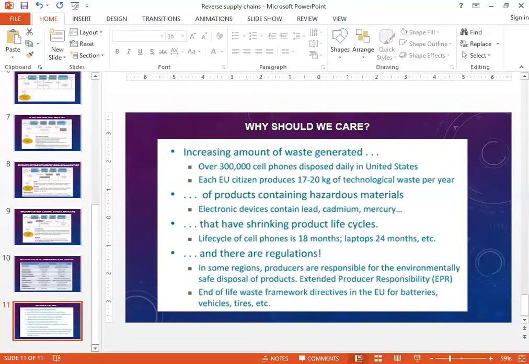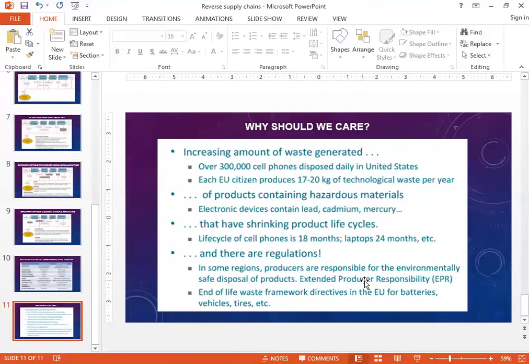Also, more and more regulations are coming out about these issues. In some regions, for example the EU, this is becoming a very big issue. They have developed frameworks, for example, for batteries, vehicles, tires, and how these should be disposed of in the right way. So in a lot of regions, producers are also being held accountable for environmentally safe disposal of products.